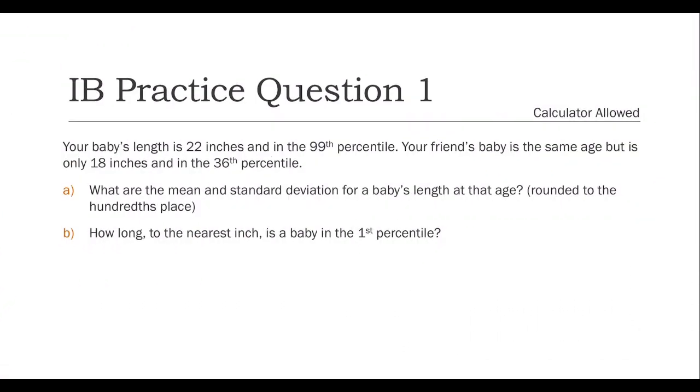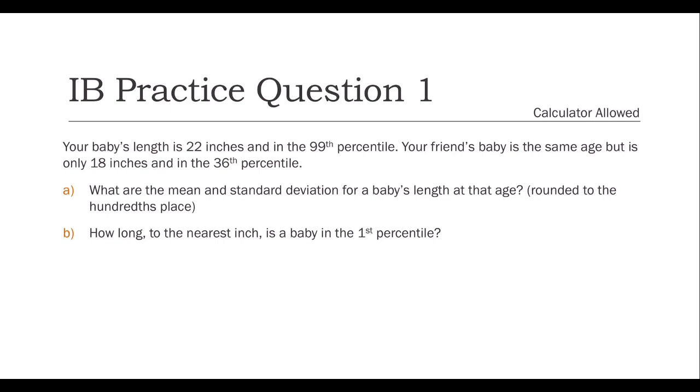So here we have our first IB practice question. It says your baby's length is 22 inches and in the 99th percentile. Your friend's baby is the same age, but is only 18 inches and is in the 36th percentile. A, what are the mean and standard deviation for a baby's length at that age, rounded to the hundredths place? So we don't know the mean or the standard deviation.